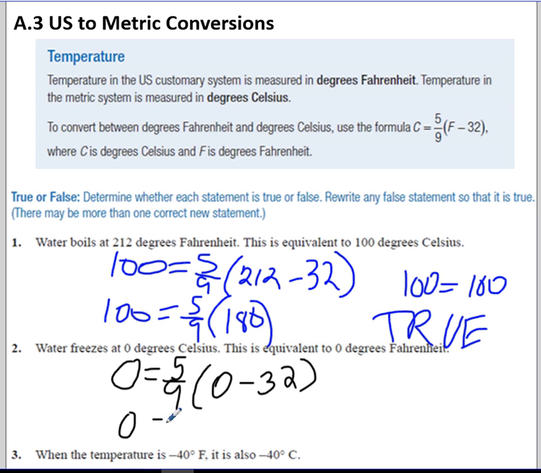And we get 0 equals, and when we subtract, we get 5/9 times negative 32. And so when we multiply that, we get 0 equals approximately negative 17.8, which is not true.